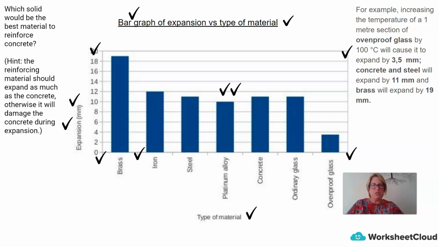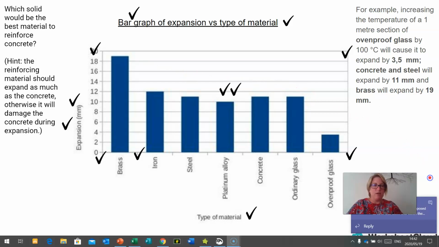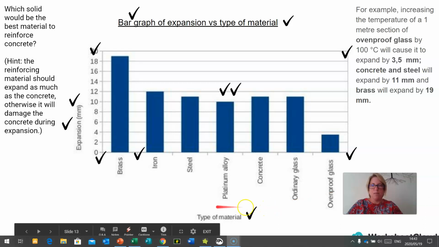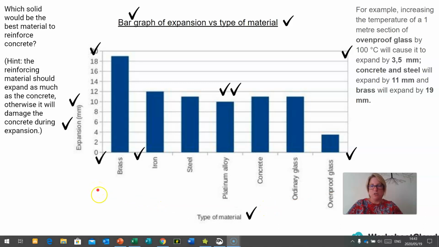Now the hint you need to think about here is the reinforcing material should expand as much as the concrete. Otherwise, it's going to damage the concrete when there is a change in temperature and when there is expansion. So the one thing that you could add to reinforce the concrete is steel, because they both have exactly the same expansion.